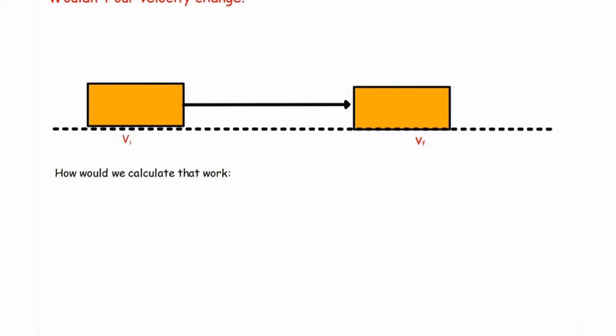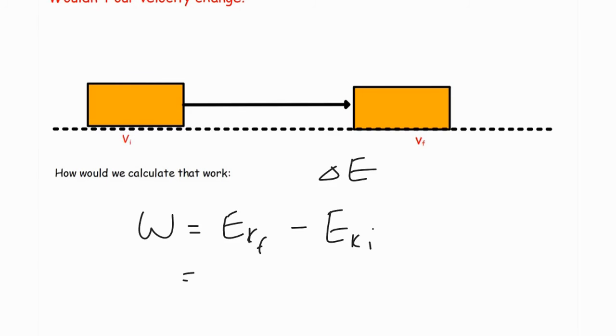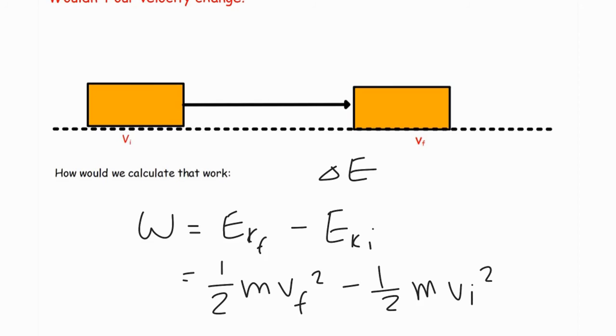So something that changes when we do work is there is a change in energy. So my work could be my final kinetic energy minus my initial kinetic energy, or 1/2 mvf squared minus 1/2 mvi squared. That could be my work.